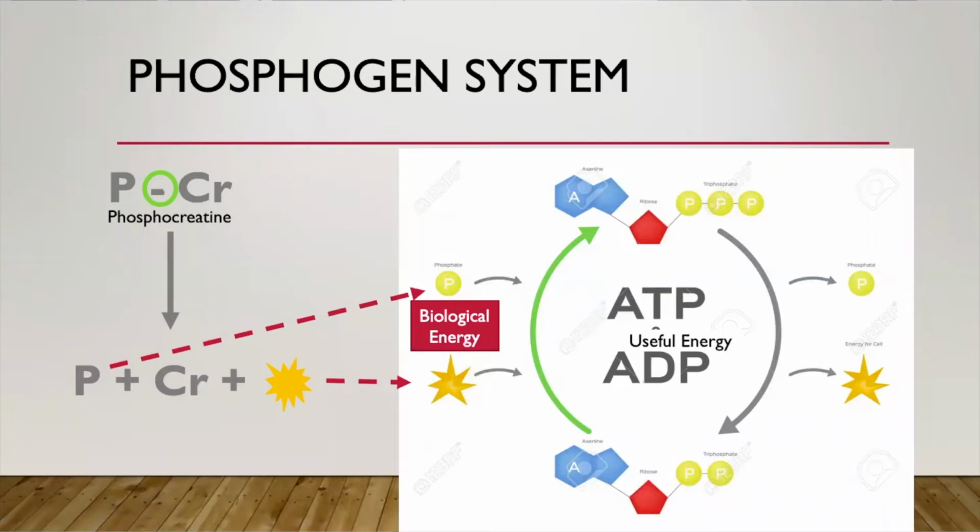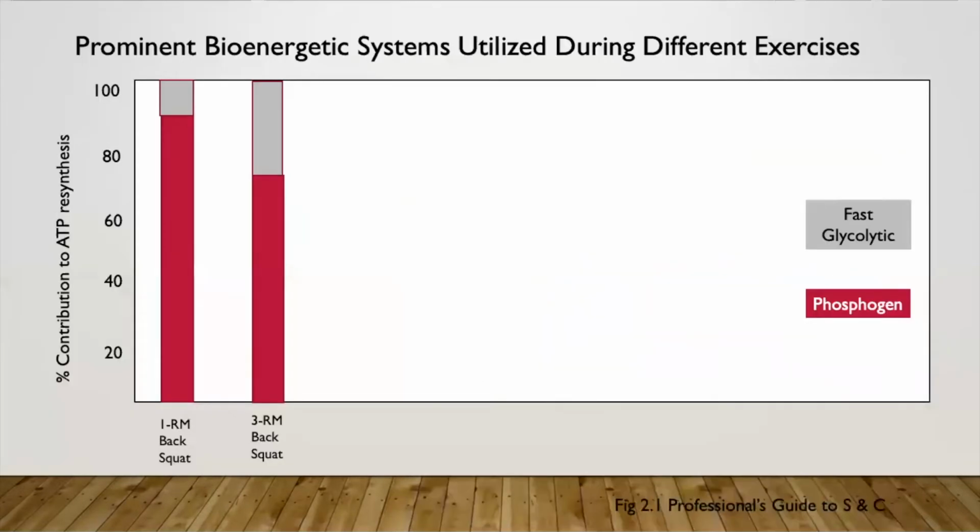That system is called the phosphagen system because it's so focused on the phosphates. In this slide, we see that when you're doing a 1 RM back squat and then you move to a 3 RM, most of the energy, the primary or the prominent energy system that's being used to resynthesize ATP is the phosphagen system, or the breaking of creatine phosphate.